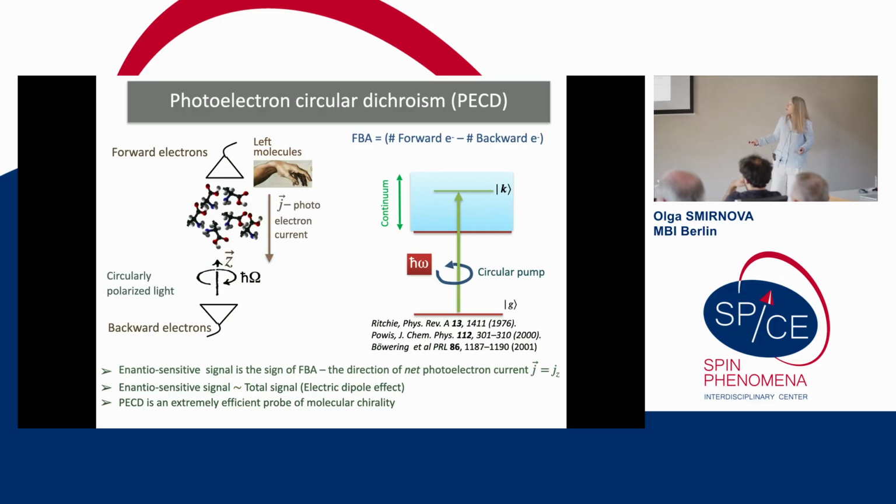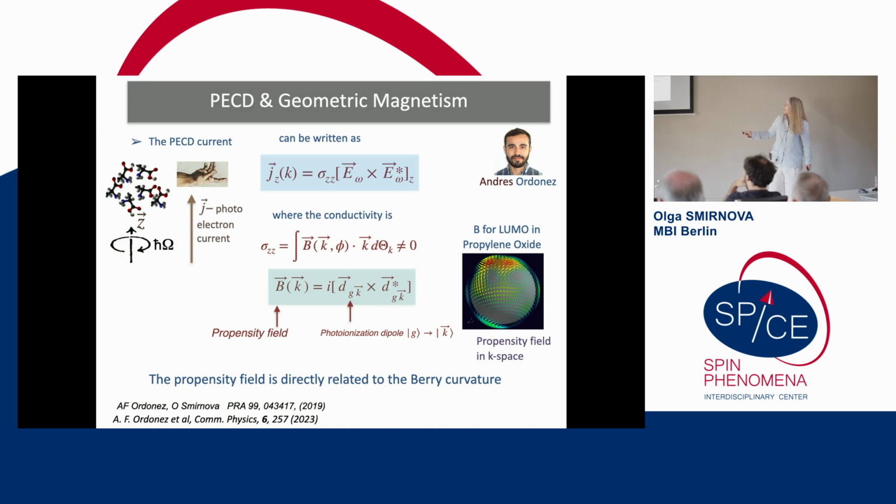So with my student Andres, some time ago, we wanted to express this current, the PECD current, in simple terms, and what we realized is that it can be expressed as a conductivity times the vector product of the Fourier components of the field at the transition frequency.